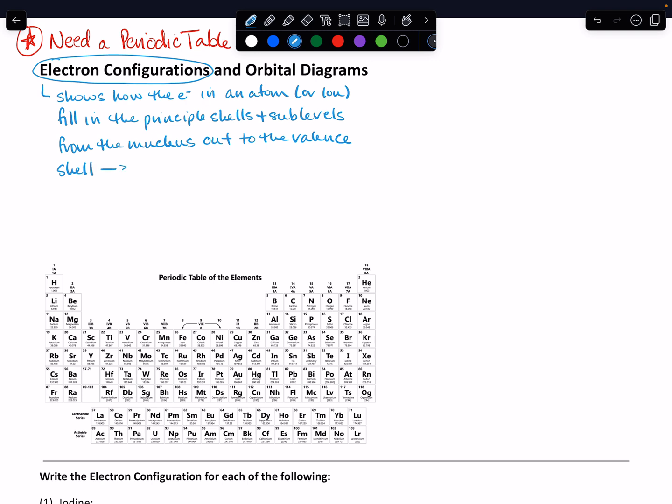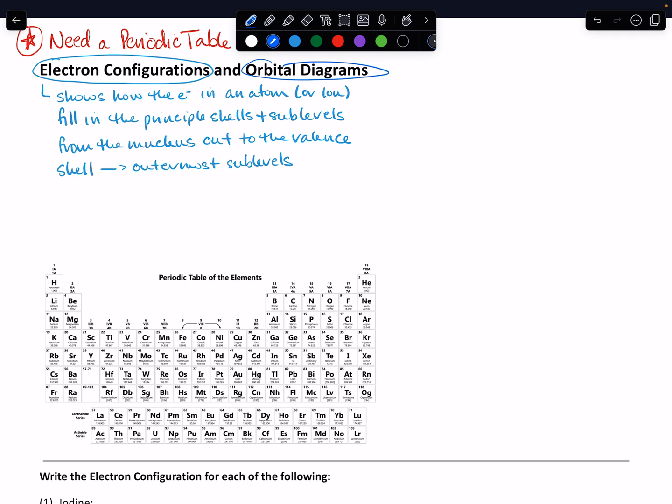And don't forget the valence shell are the outermost sublevels.